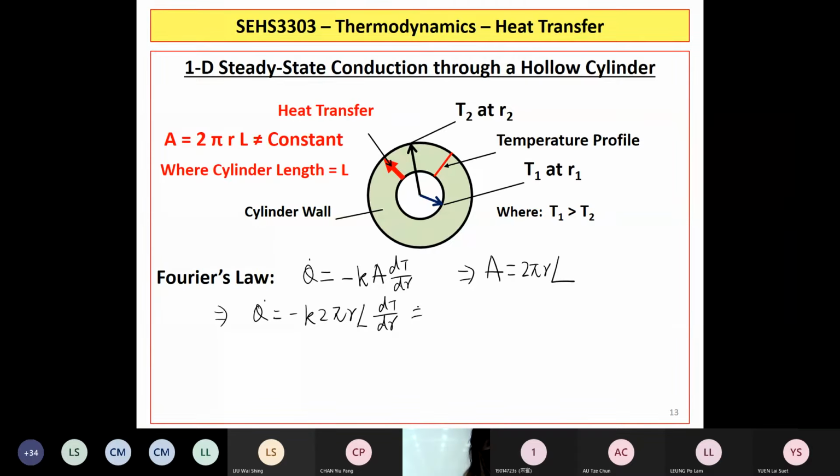So this time, we need to have, right? Integral, we integrate from R1 to R2, from T1 to T2.